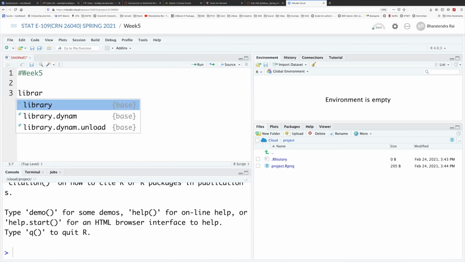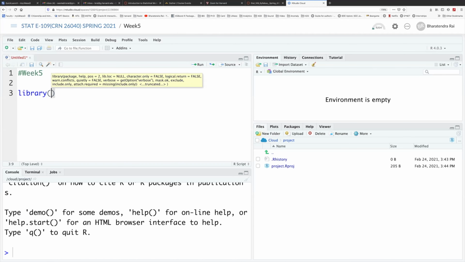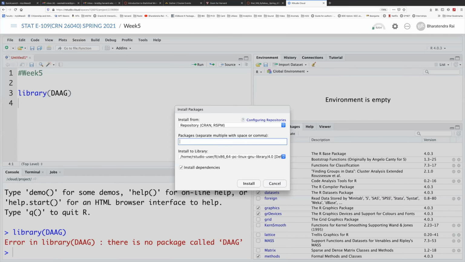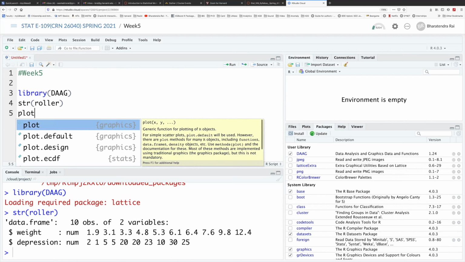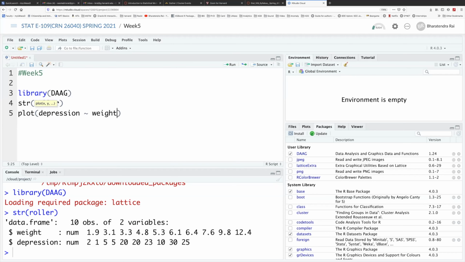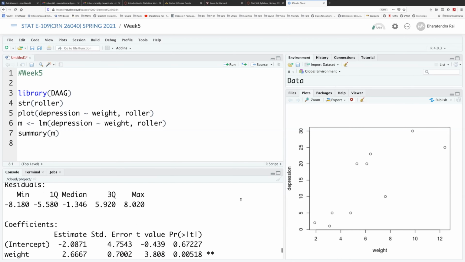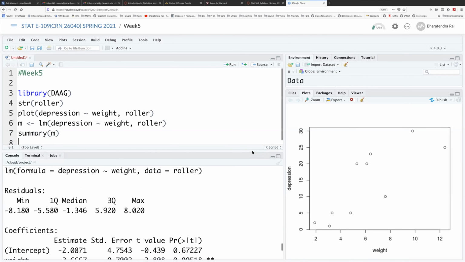So our roller data is from the AG library. The data is called roller, weight and depression, plot depression, and let's call our model M. So that's what gives us the output that I was showing you.